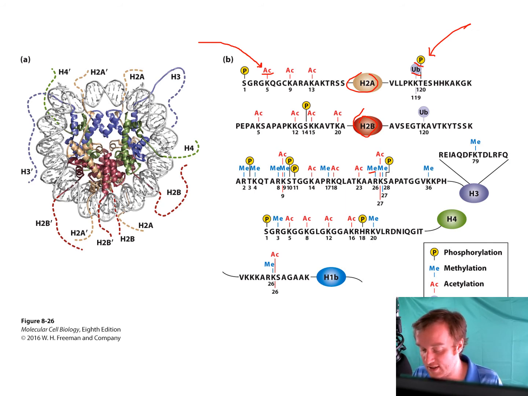And so these are important in their totality, their combinations of acetylation and methylation and ubiquitination, etc., as to whether these genes are actually able to be transcribed.